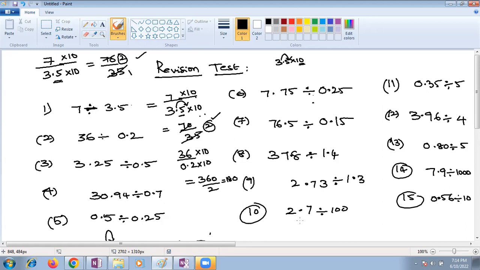Numerator is 3.25. Dividend and divisor: your divisor you need to make a whole number. To make it a whole number, if you have only one decimal place, you should multiply with 10. If you have two decimal places, you should multiply with 100. Like that, you can go ahead.